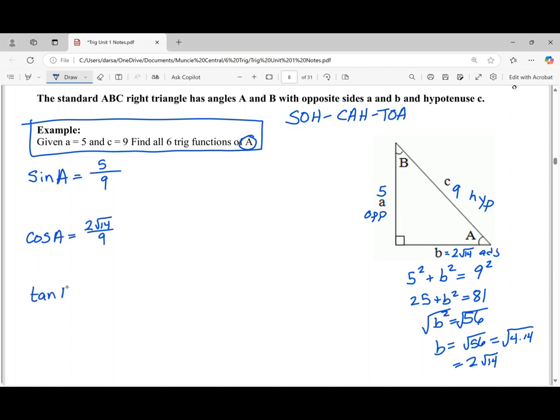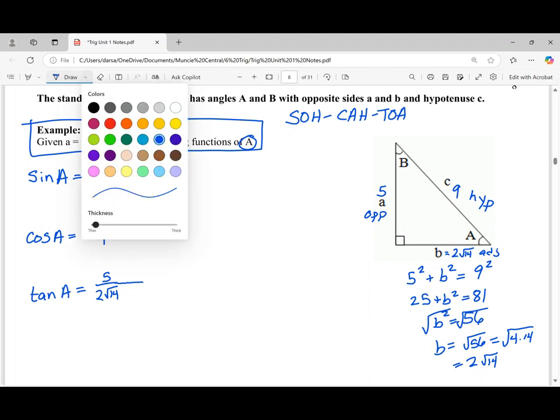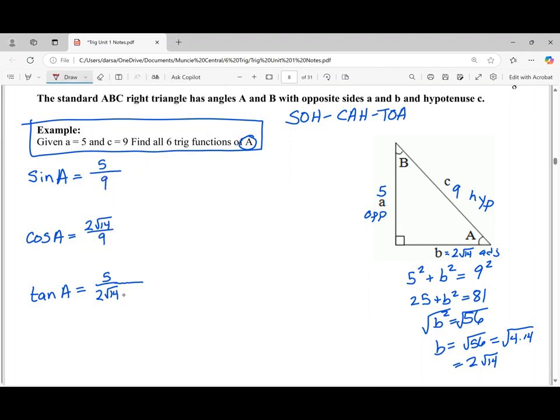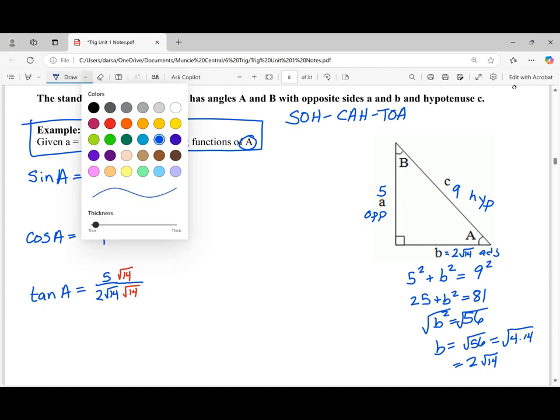Tangent, TOA. Notice that you do have to write that angle letter A. So TOA, opposite over adjacent. That's 5 over 2 square root of 14. Now, you can't leave a square root in the denominator. So what we're going to do to fix this and not have a square root left in the denominator is we're going to rationalize. Remember, that means multiply the top and the bottom by the square root.